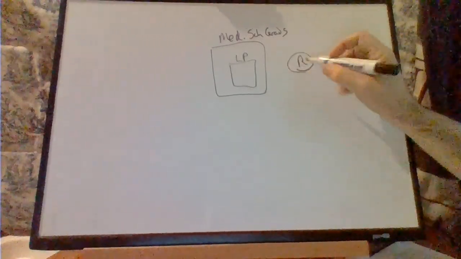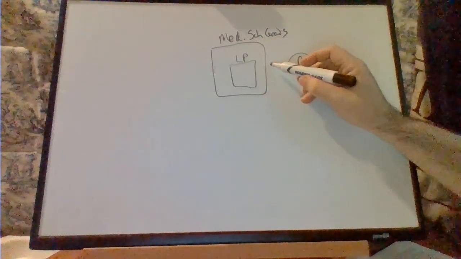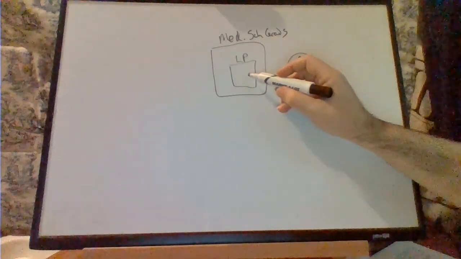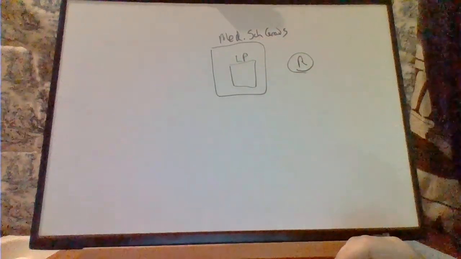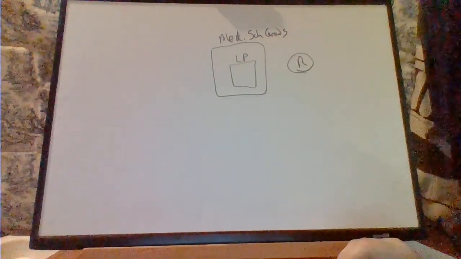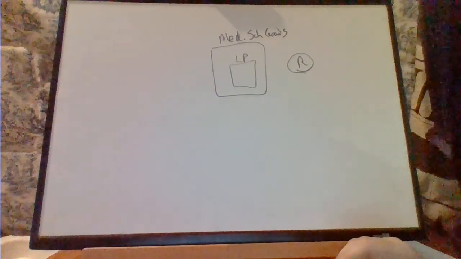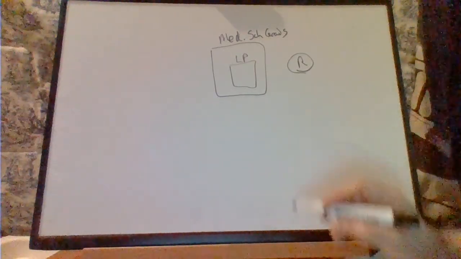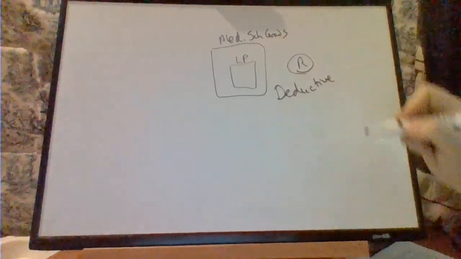So Ralph is outside the box of medical school graduates, which means logically that he's also outside the box of licensed physicians, which is inside the bigger box of medical school graduates. So in this case, we know that if those premises are true, we will be forced to accept the truth of the conclusion. So this is a deductive argument form.